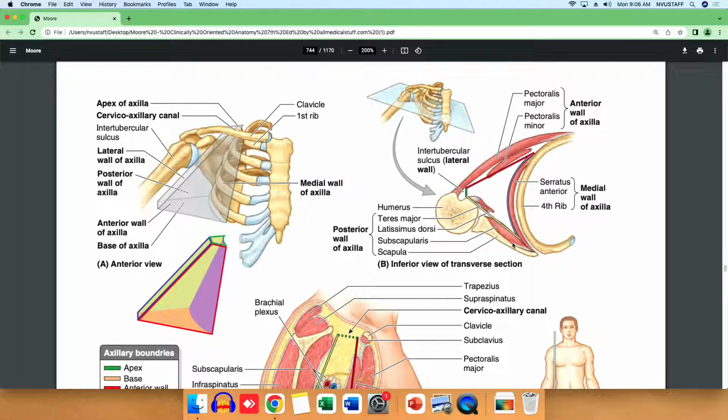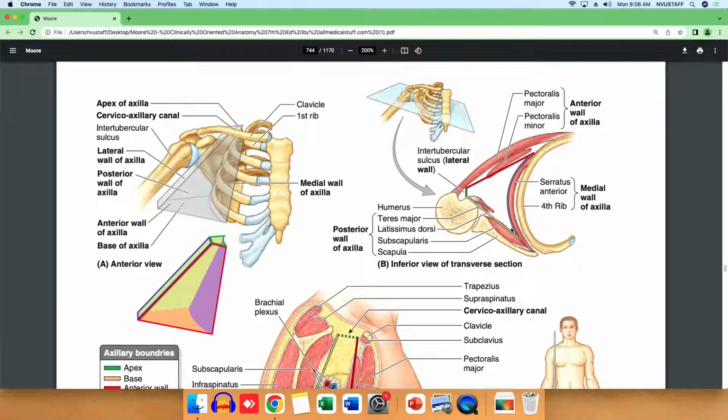So as you remember, it's on the surface, or more precisely to say, it is the costal surface of the scapula, as you can see here.